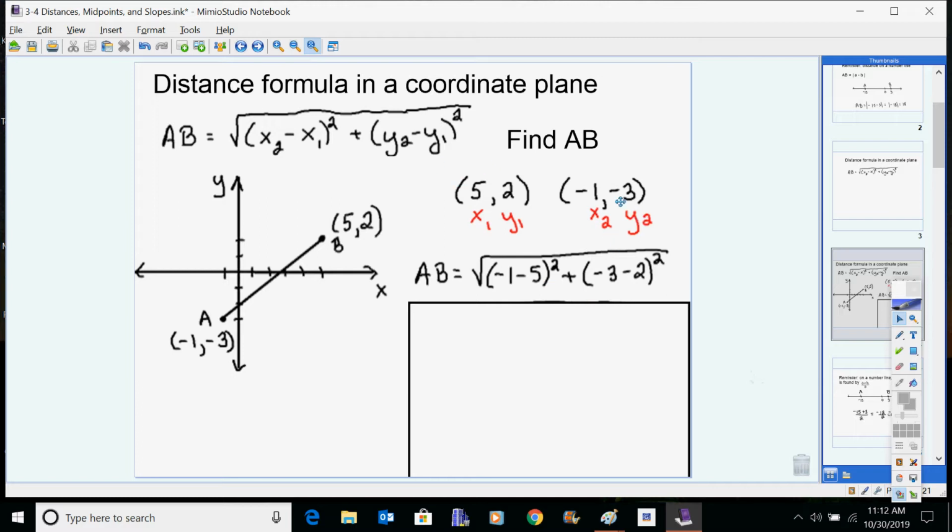Negative 3 minus 2 squared. And then use your order of operations. Work inside your parentheses first.